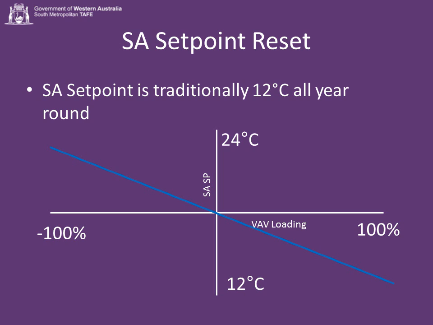If we just don't cool the air, then we save a fortune. Once again, this also increases the chance that we can use outside air. So, resetting the supply air set point will save us bundles and bundles of money, and also it saves the environment because we're using less energy, we're creating less carbon.